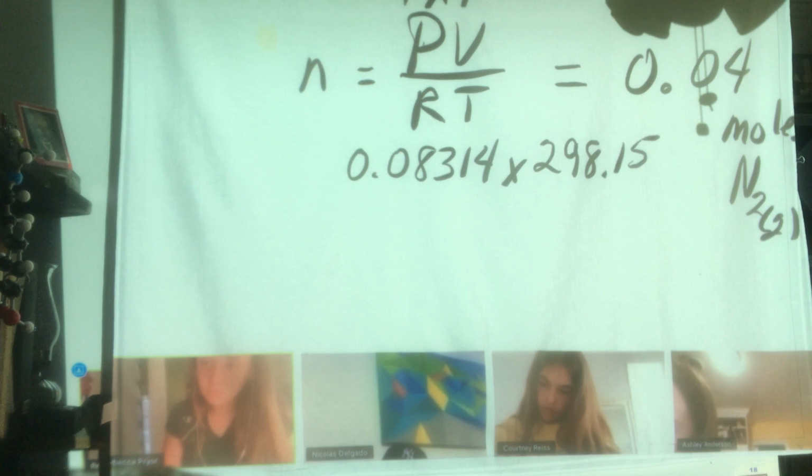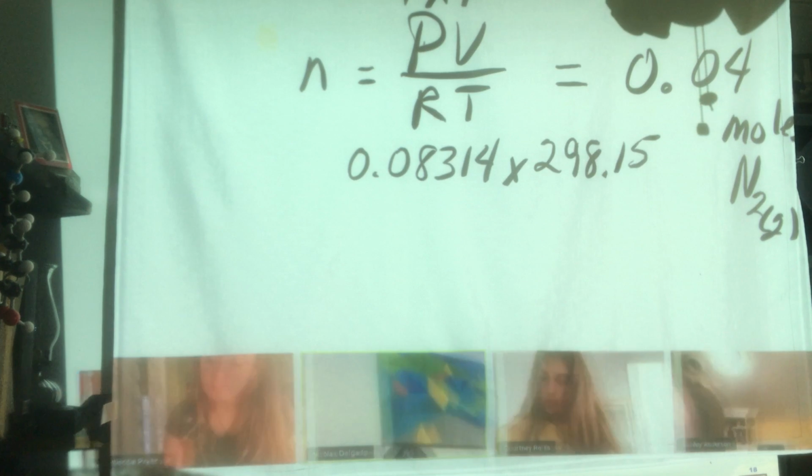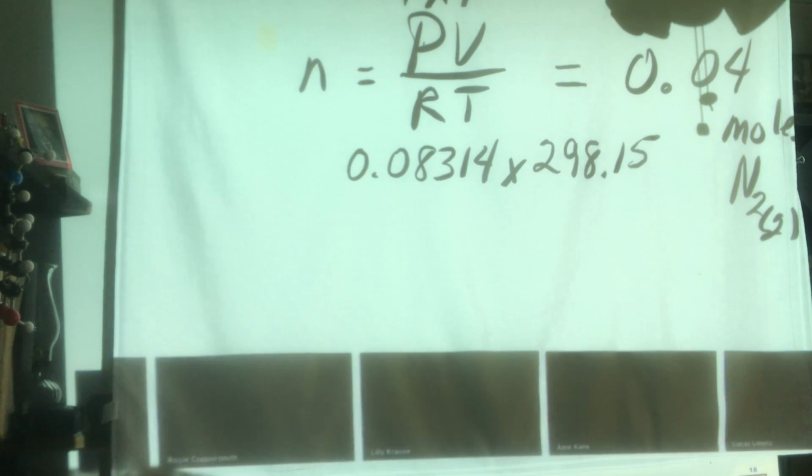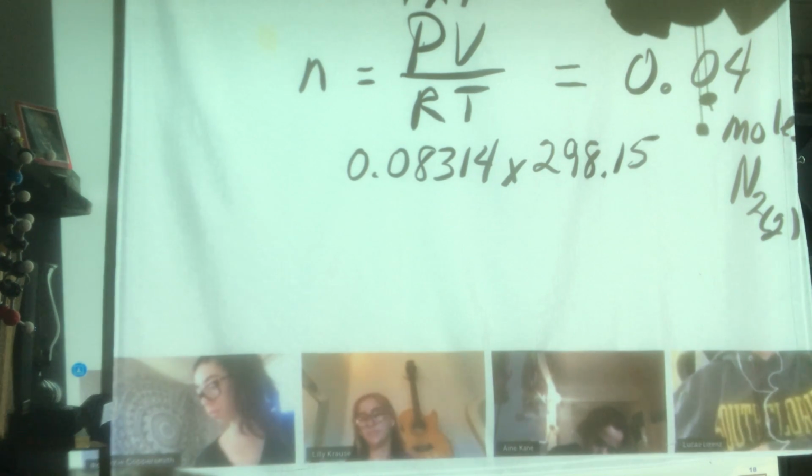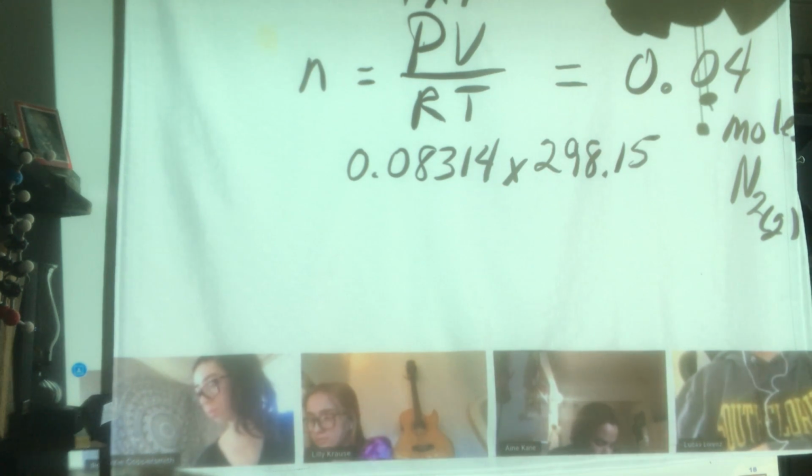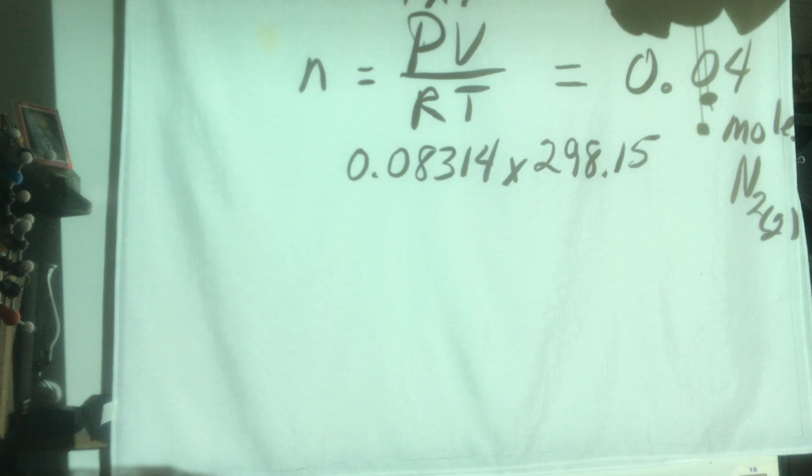It was at 25 degrees Celsius, room temperature, 298.15, and it was a small amount of moles of gas. It was 0.04 moles of nitrogen gas. Anybody else agree with that? Just say me. Me. All right, going back to muting for a moment.